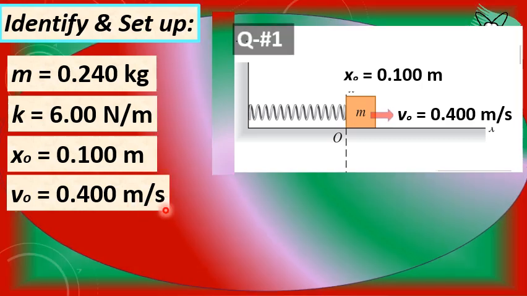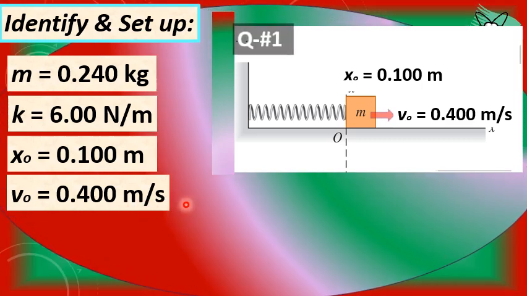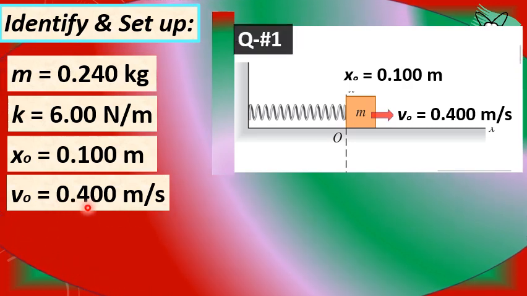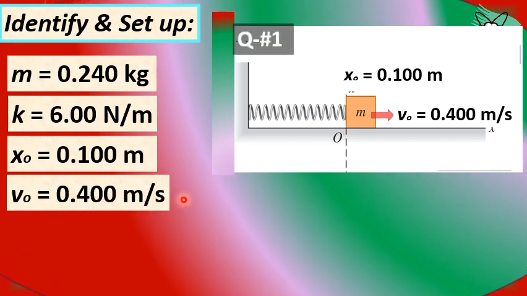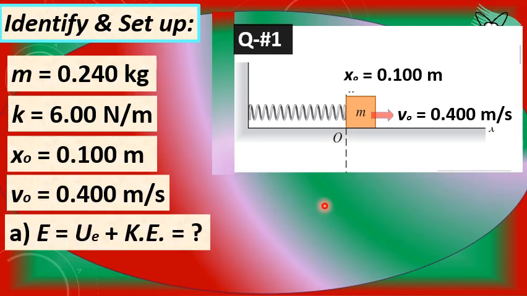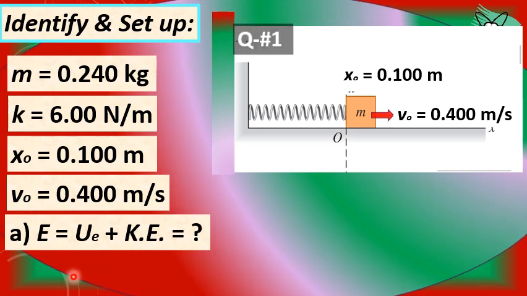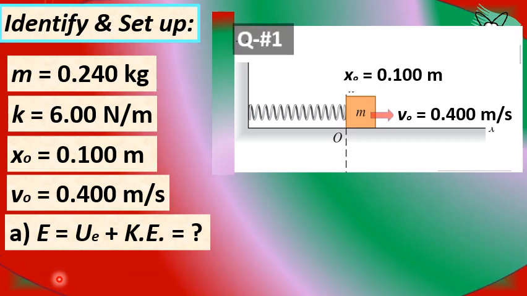And the glider is moving at an initial speed v naught equal to 0.400 meter per second to the right, in our figure here. All right, so for question letter A, we are asked to find the total mechanical energy, that is, the kinetic energy plus the elastic potential energy of the system.